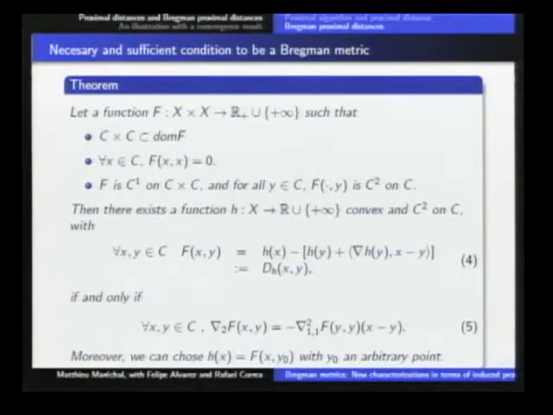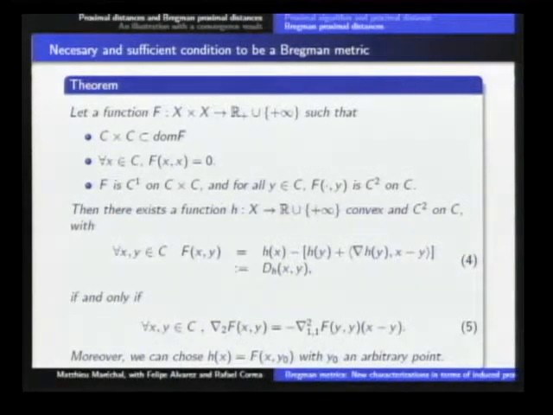Then F is a Bregman distance if and only if we have this equality. The necessary condition is very easy to obtain. It's just to compute this gradient here, and we obtain directly this equality. The converse uses some tools of integration.